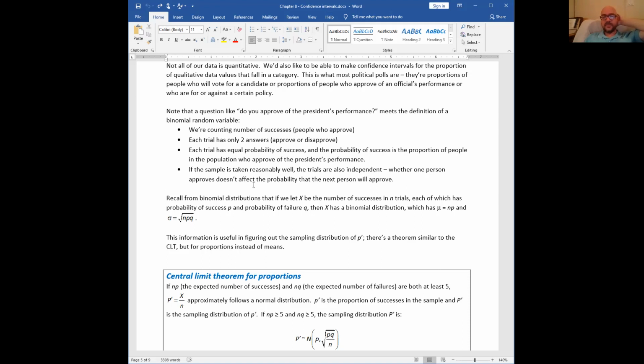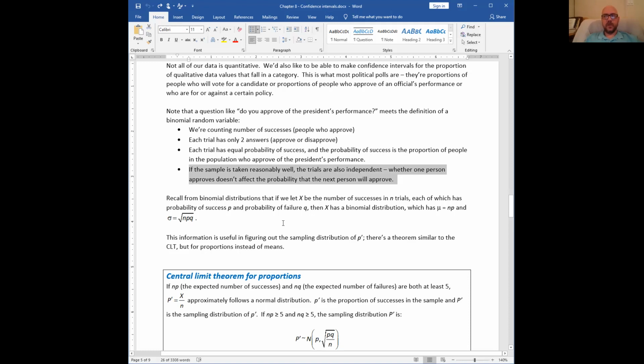Now, on a bit of a tangent, so you can ignore this for the next couple minutes if you just want to learn how to make a confidence interval. But from a practical standpoint, this is not actually true, given the way polls are currently taken.